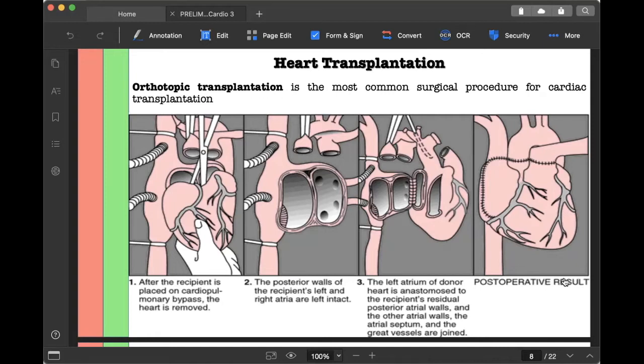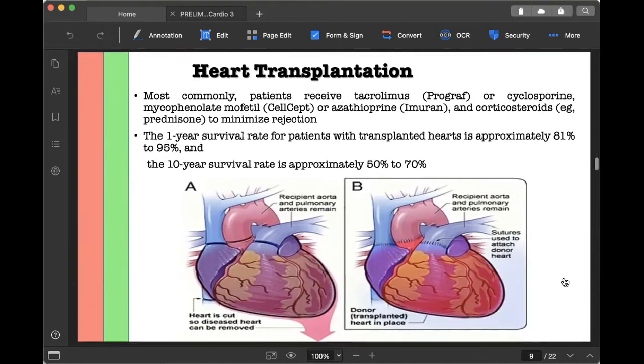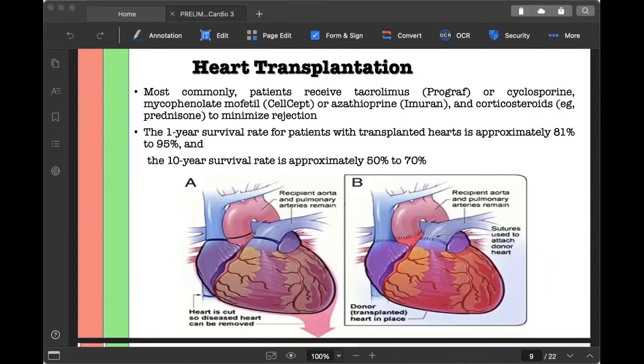Now, how about the heart transplantation medications? Most commonly, a patient receives tacrolimus or cyclosporine, mycophenolate mofetil or azathioprine, and corticosteroids to minimize the rejection of the transplanted heart.